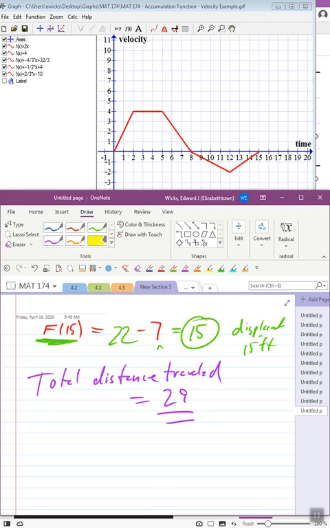So 22 feet to the right, then 7 feet back means the total distance you traveled is 29. But that's different than your displacement, which is the net change in your position. Net change in my position is 15 feet. I started at position 0, I ended at position 15. My net displacement is 15 feet.